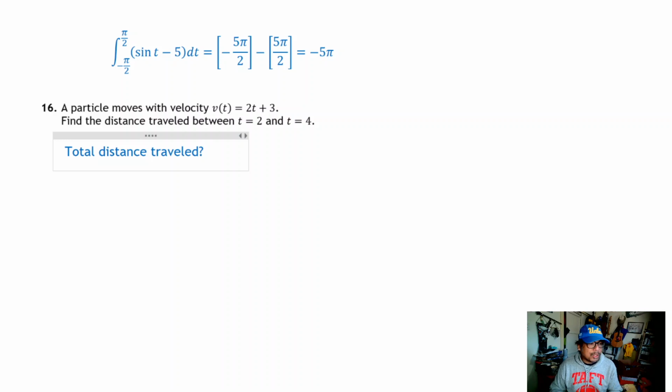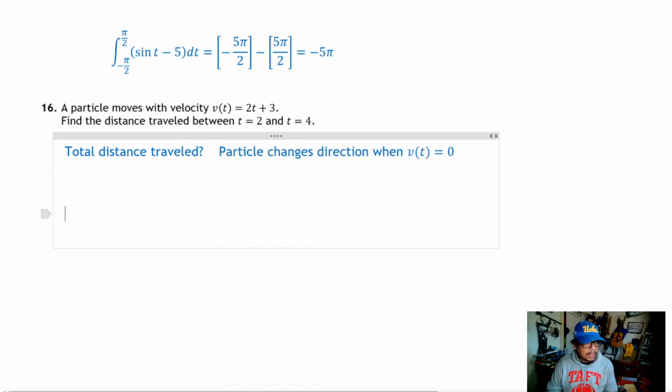So for a total distance traveled problem, we need to figure out whether or not this particle, or whatever is traveling, changes direction. And to find those values of t where the particle does change direction, well, let's look at the velocity and try to figure out when that velocity equals 0.